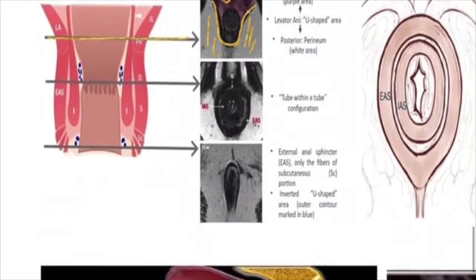At this level we can see the external anal sphincter continuously surrounding and the internal anal sphincter continuously surrounding it, forming a tube within tube configuration. And this inverted U-shape at this level is just the subcutaneous part of the external anal sphincter.